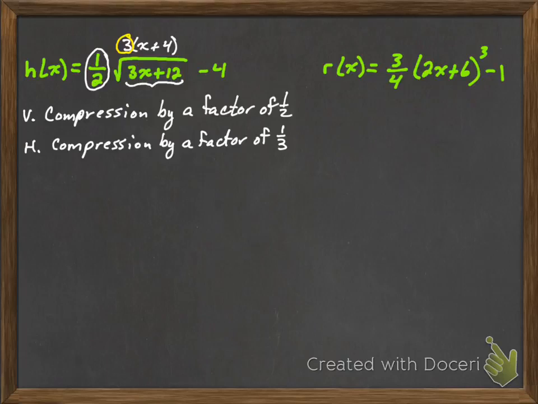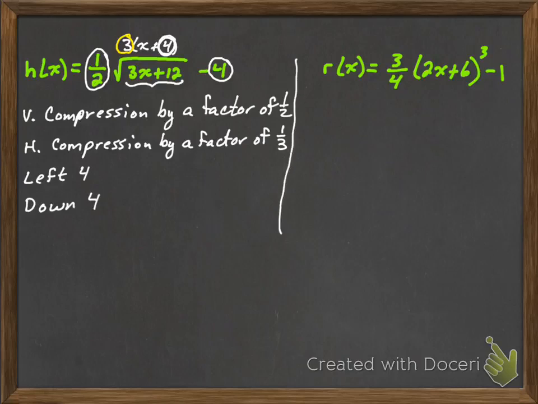All right, so now we have this 4 right here, and it's plus 4, which means it is going to be a shift to the left 4 units. And then we have our d value, and it's a minus 4, so therefore it is a shift down 4 units.